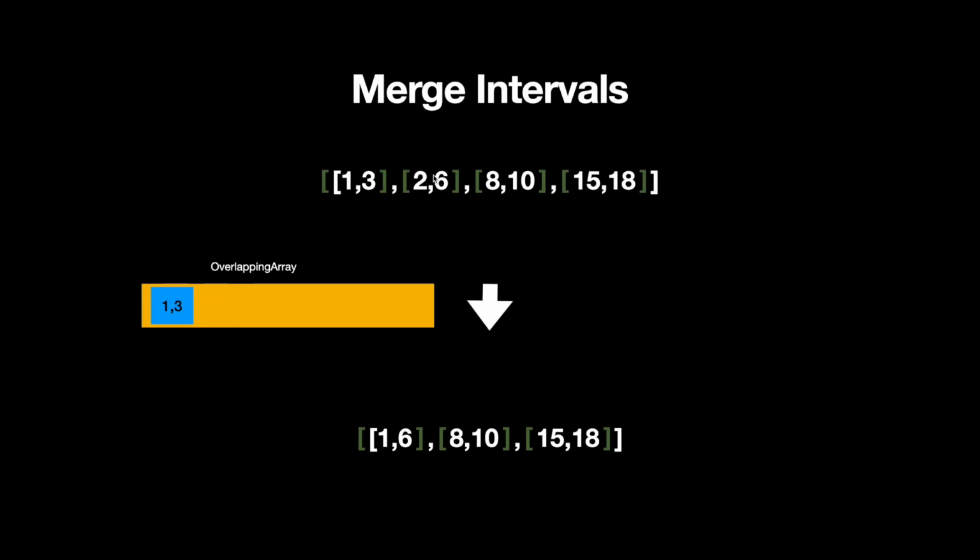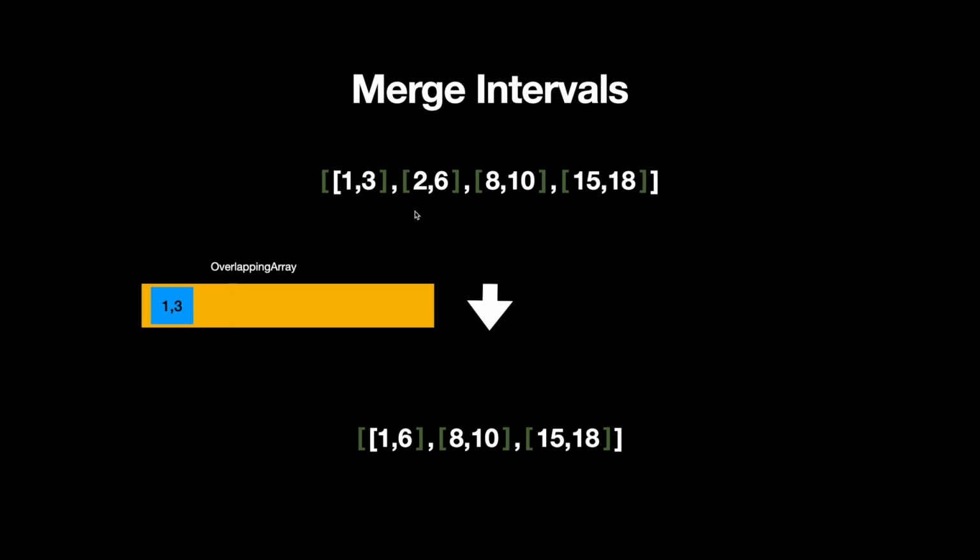Now, the next one, when we loop through 2, 6, we have to compare the last element in our overlapping array with this current element, 2, 6. As I said, the last element of this should be smaller than the first element of this.